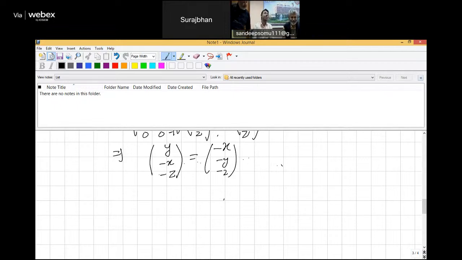Suraj, you have a view on that? Yes, so trace is always invariant even if we are doing transformation from one basis to another basis. So it will not change if you are transferring from cubic system to triclinic system. I think I proved this in some video, in a separate section, the invariance of the trace.